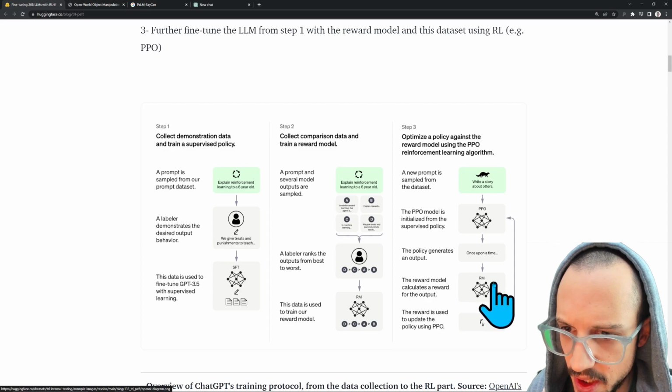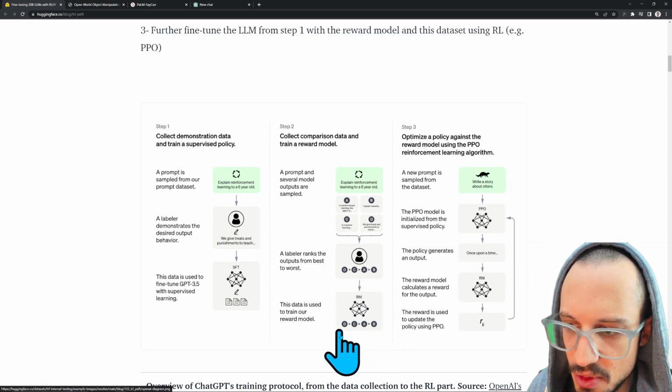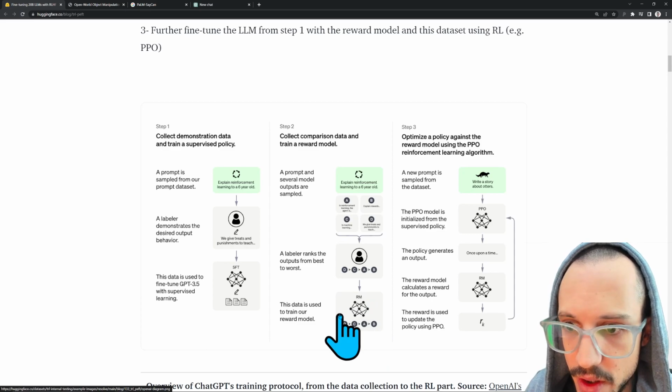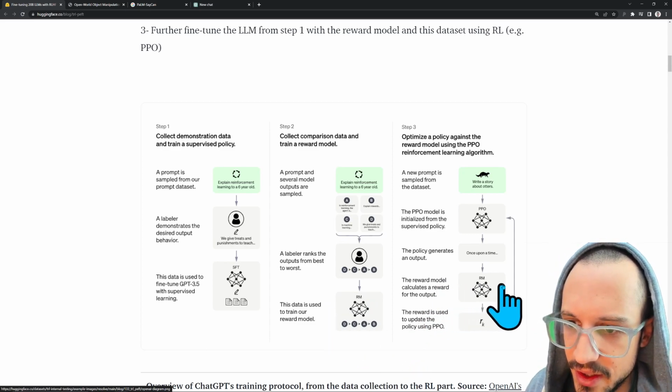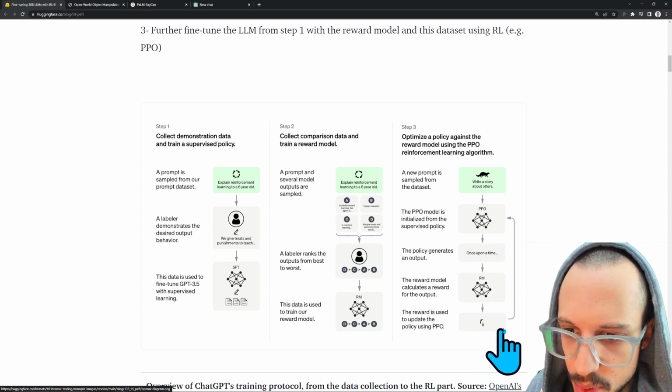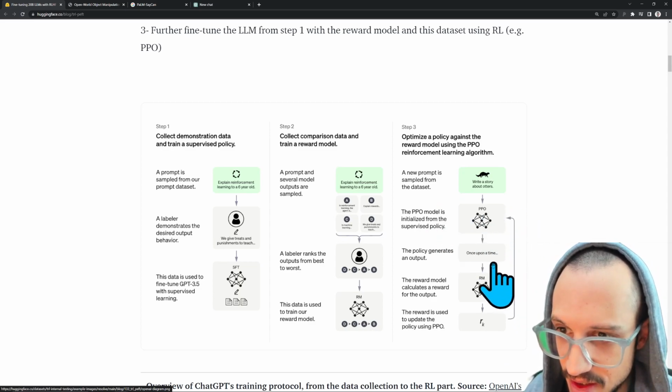So the reward model will say, okay, this output given this prompt, and then it's going to give you a score, right? It's going to give you a value. It's going to predict the reward, right? And by predicting that reward, then you can say, okay, I'm going to push that gradient back into our PPO model, which is the actual reinforcement learning model that's choosing the best answer, right?